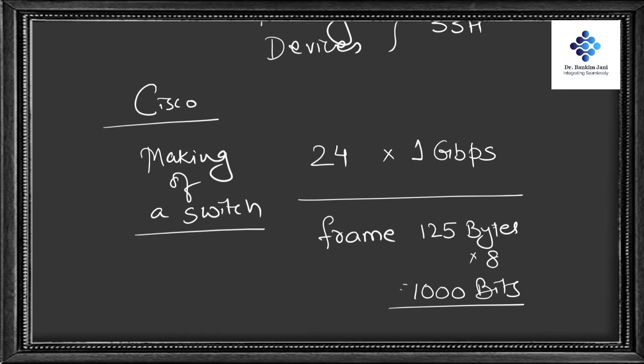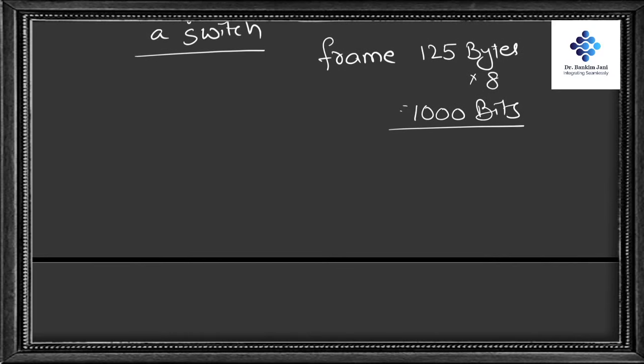Now when it is 1000 bits, let's say this is into bits, we convert into KB, into MB, and into GB, right?